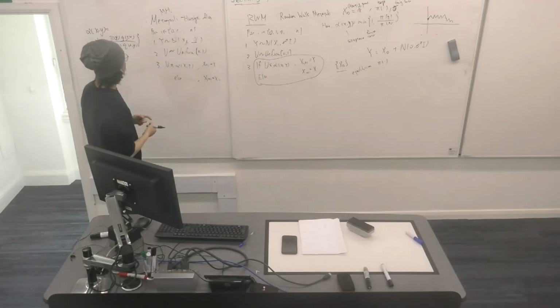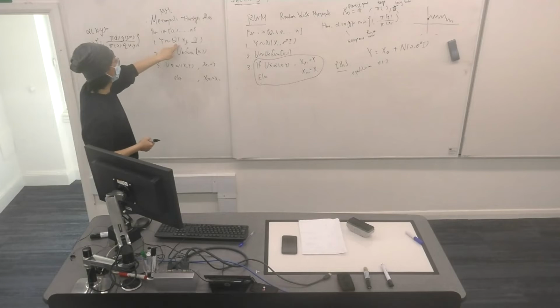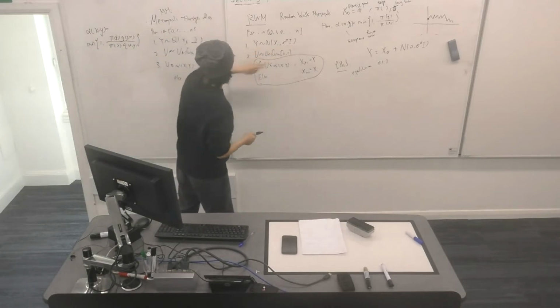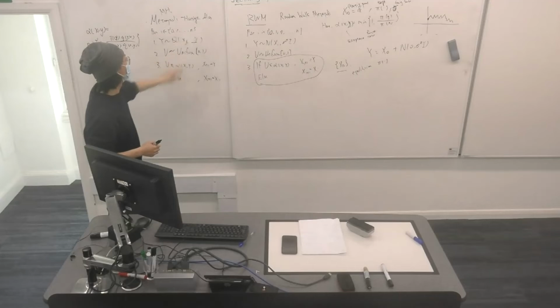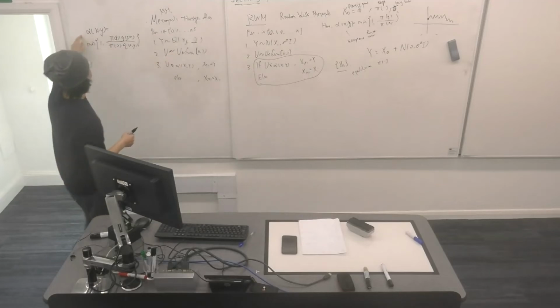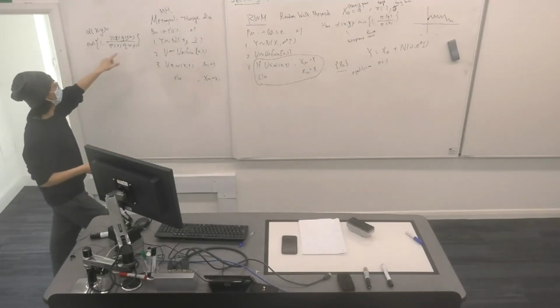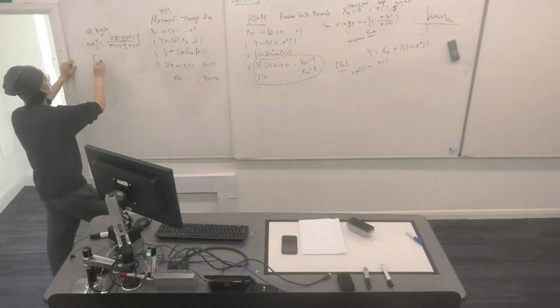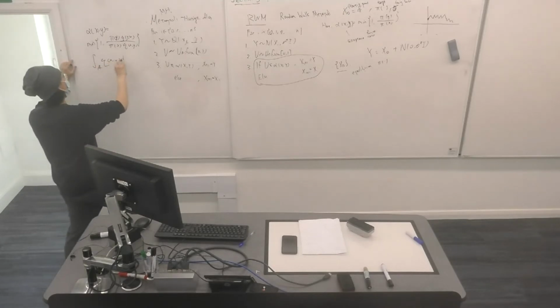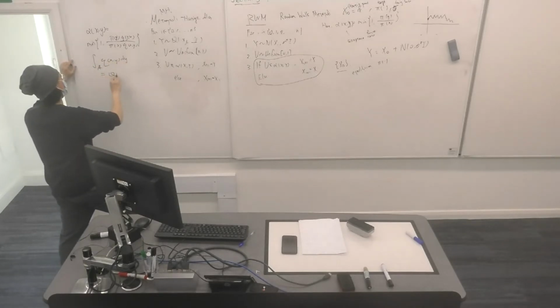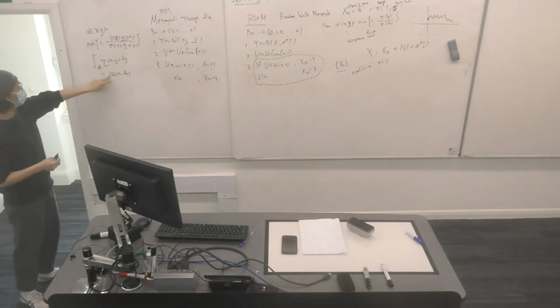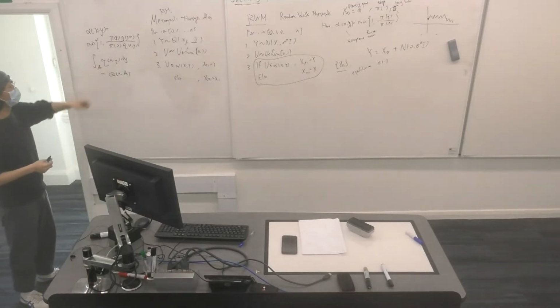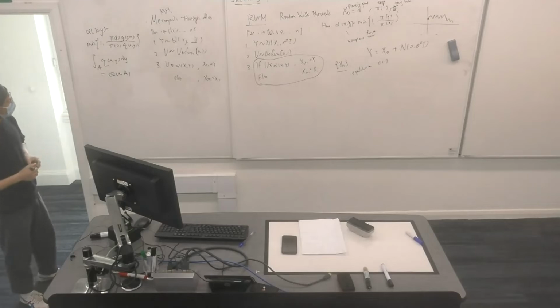This q is called the proposal kernel of this algorithm. For example, this is one possible proposal kernel, and this is how we define the q term in the acceptance function.